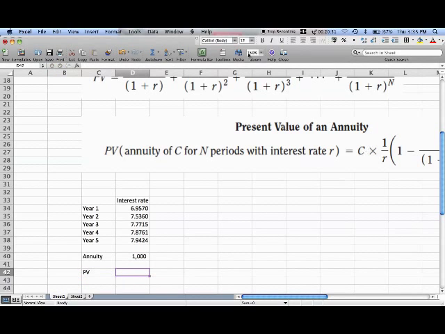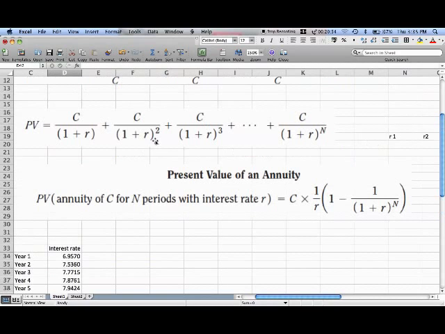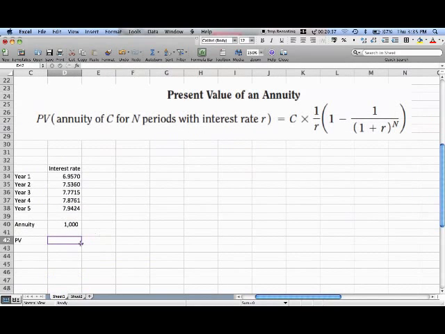Okay, if you go back to this formula, I will use the first formula so that you can follow me. So I put here the first year, year 1, year 2, year 3, year 4, and then year 5. You have 1,000 here, and then I just copy it and drag it.